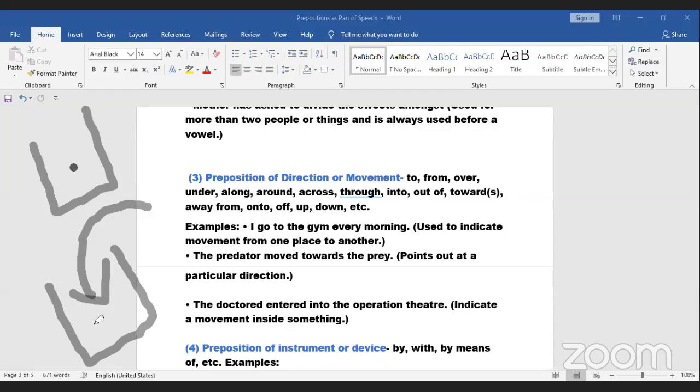Keep this in mind, at least keep what I drew, not a big drawing, in mind. In and into. In is located within, in the classroom. Into is like entry, insertion, into the water or into the classroom, into the theater. Into is movement inside something.